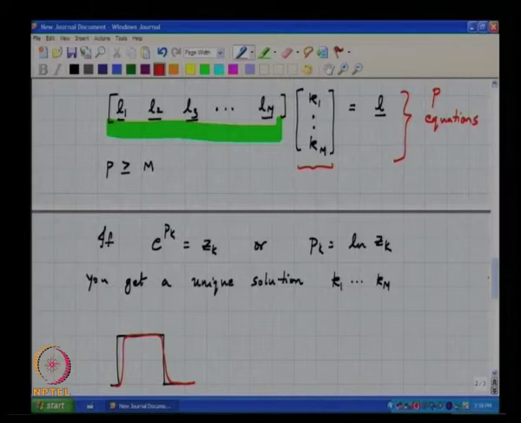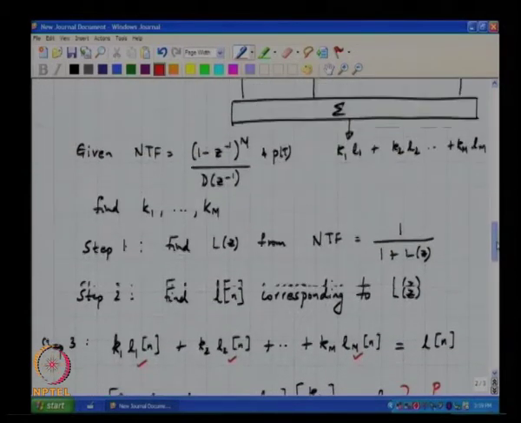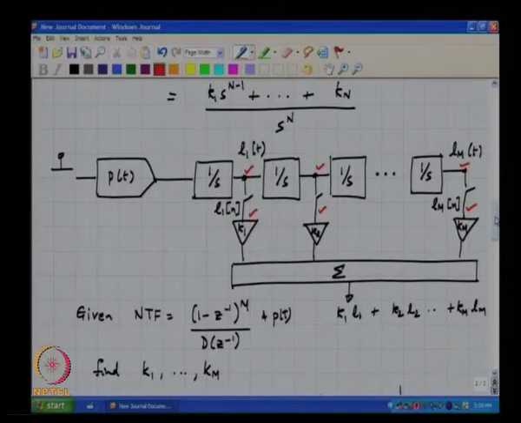So, this is a clean way of finding the coefficients without going through a whole lot of hassle. Another popular way of finding the coefficients is to have a dictionary, for example, of the equivalent discrete time impulse response.